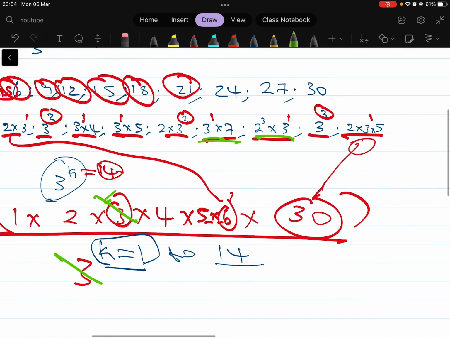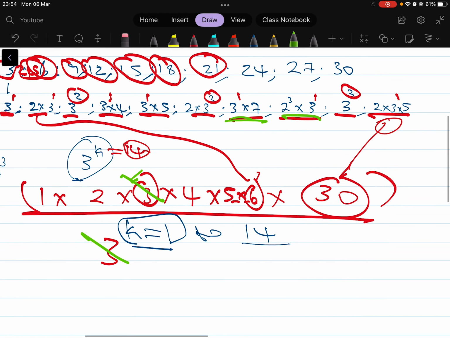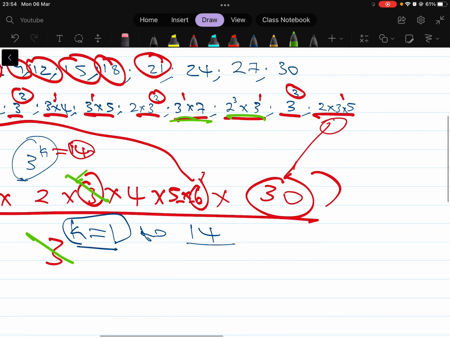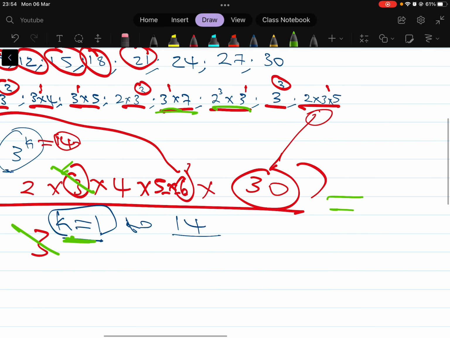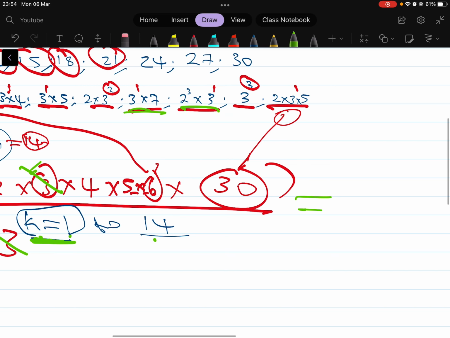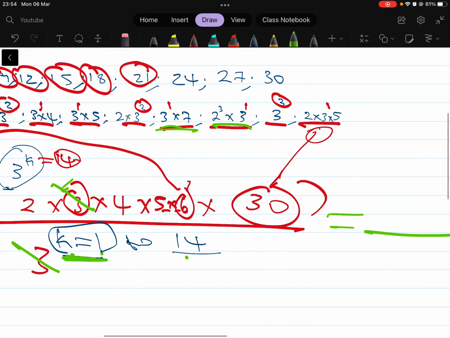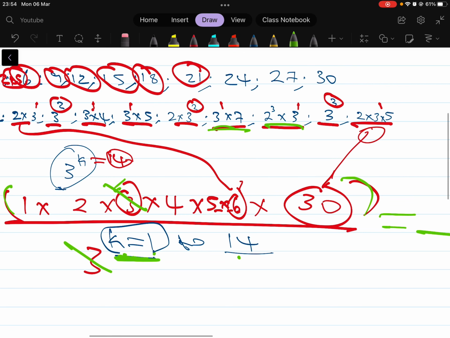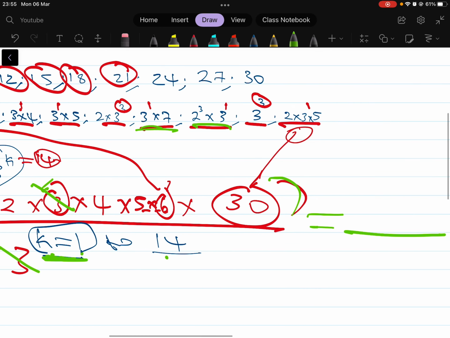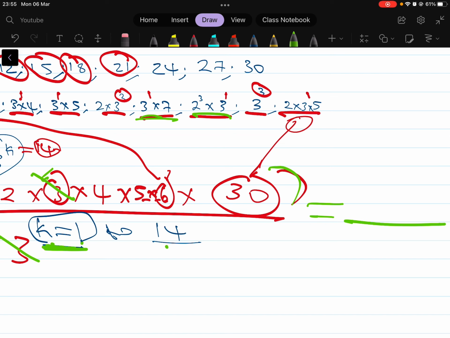But ultimately, what will make the denominator a factor of the product is the fact that whatever value you put between 1 and 14 for k, the answer is still achieved by the multiplication of the terms in the numerator, which guarantees that the product is divisible by 3 to whatever k you've decided, between 1 and 14.